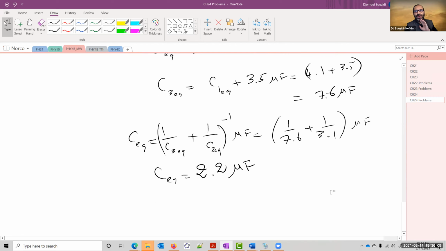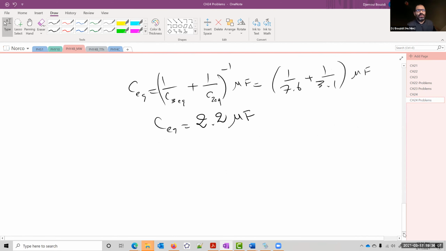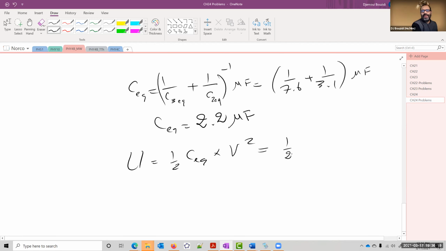So now we have found C equivalent. The question was to find the energy. The energy is easy now. U for the entire energy is equal to 1/2 of the C equivalent that we just found times V squared. So 1/2 times 2.2 times 144, which is 12 squared.